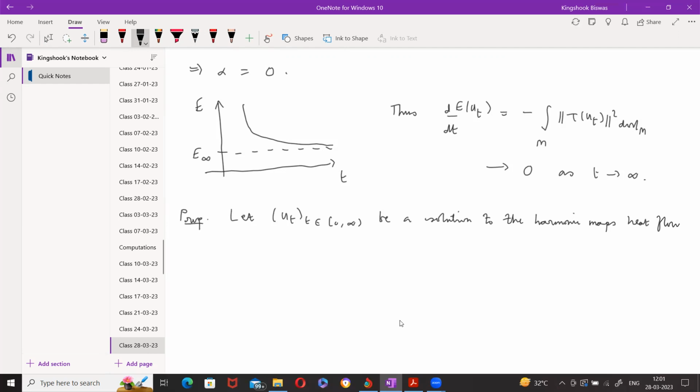Here I'm always assuming that the sectional curvature of N is non-positive. So then we have the following.